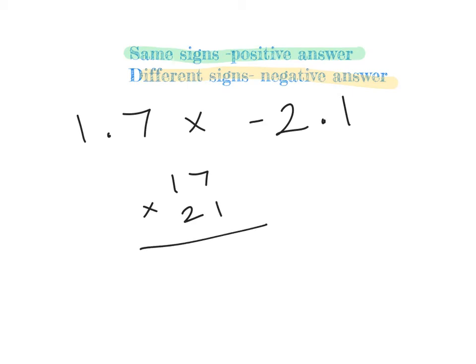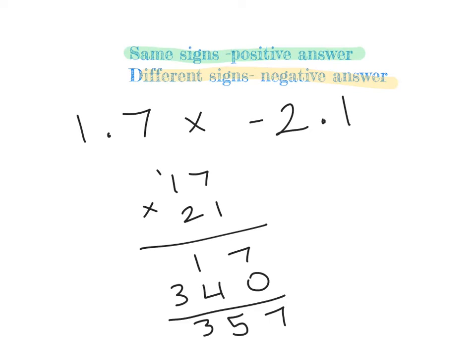We'll worry about both of those at the end. All right, and I'm going to go ahead and multiply 17 times 21. You should get 357.